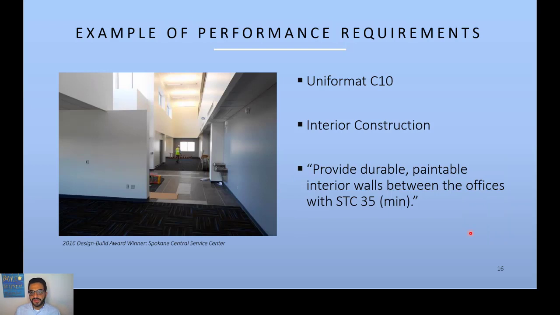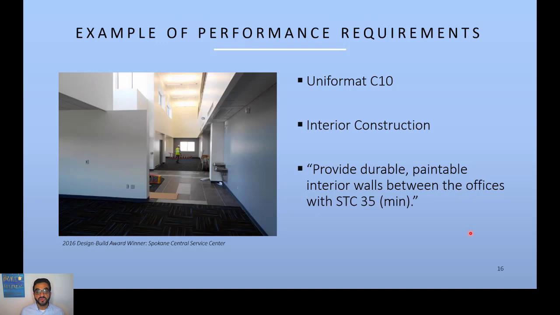So an example of performance requirements following UniFormat C10. C stands for interior construction, and 10 here is an element within it, which corresponds to walls. And here the performance requirements call for providing durable, paintable interior walls between the offices with an STC of 35 minimum.